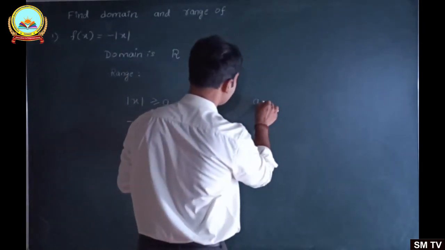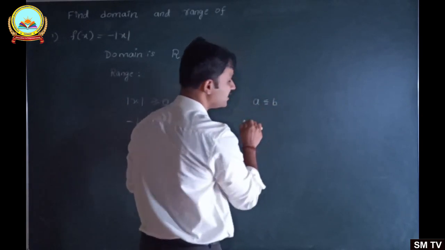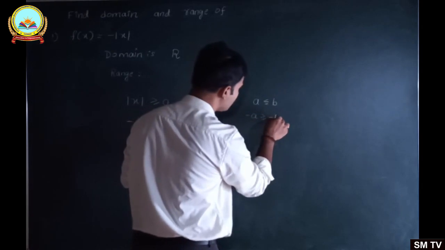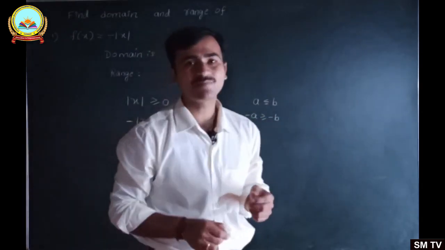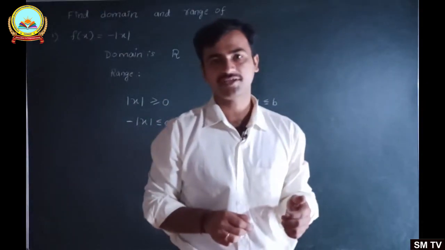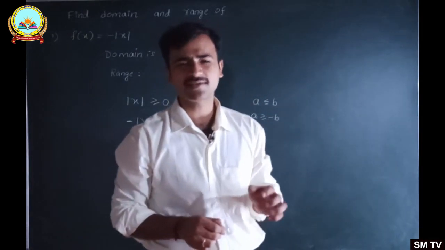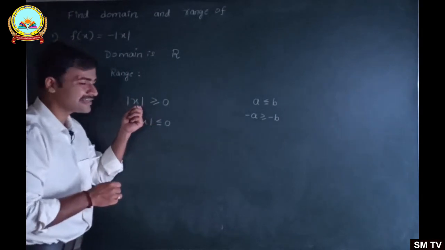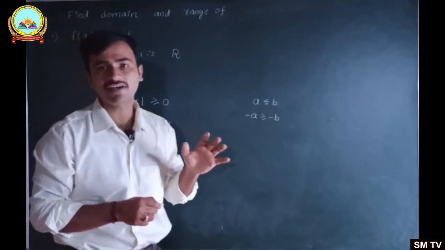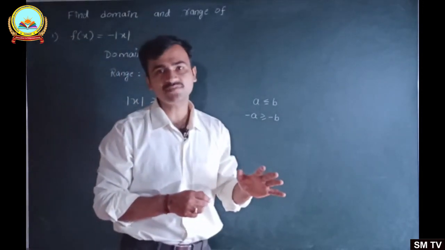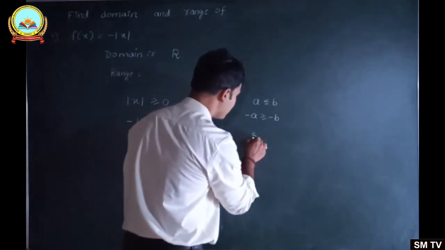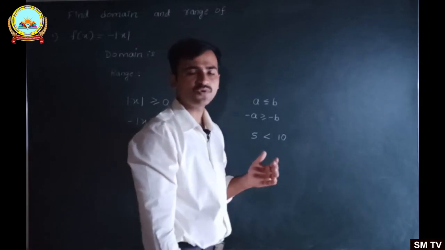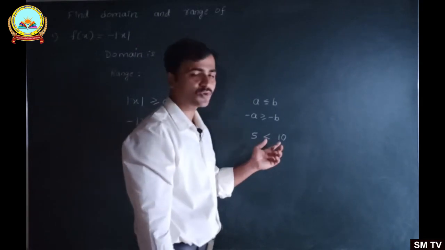Now mod x greater than or equals to 0, minus of mod x should be less than or equals to 0. So this concept you will study in one of the upcoming chapters, that is linear inequalities. That is, if you have a less than or equals to b, then minus a greater than or equals to minus b. If you multiply by a negative quantity, then inequality reverses. For the time being, you just remember, if you are multiplying by negative number, then inequality reverses.